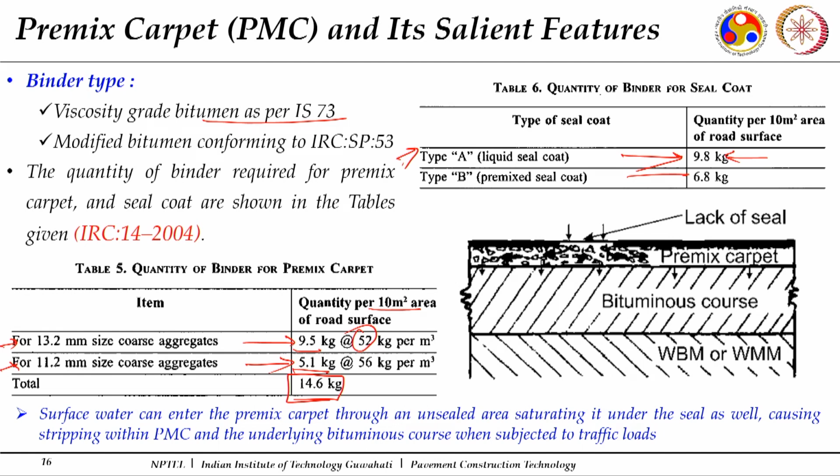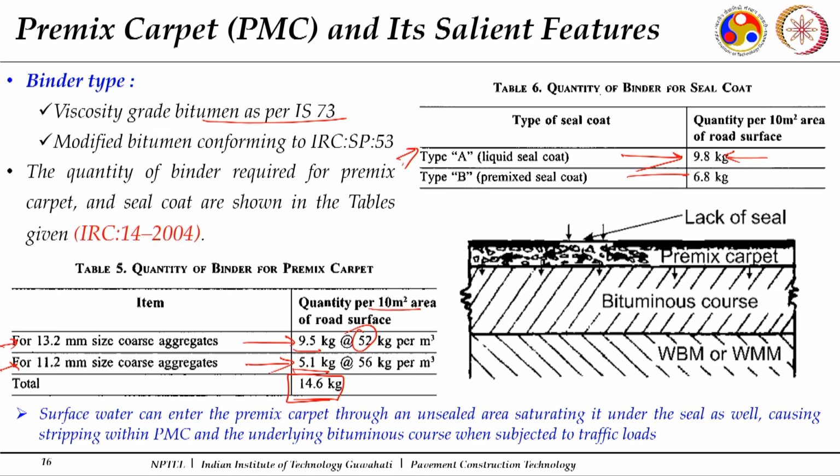Now, many times a challenge may arise. One has to be very careful when applying the seal coat, because if the seal coat is not properly applied at some places, here you can see this is my seal coat, this is my premix carpet, this is my seal coat.